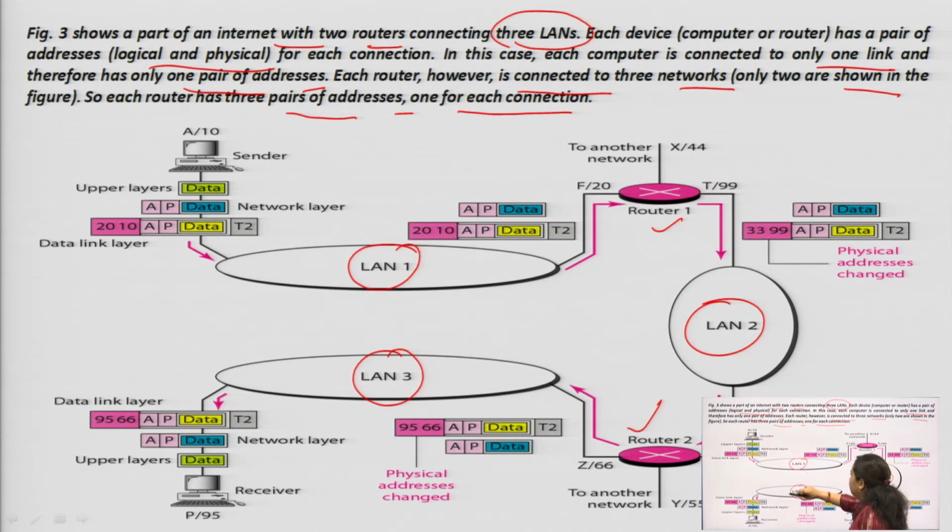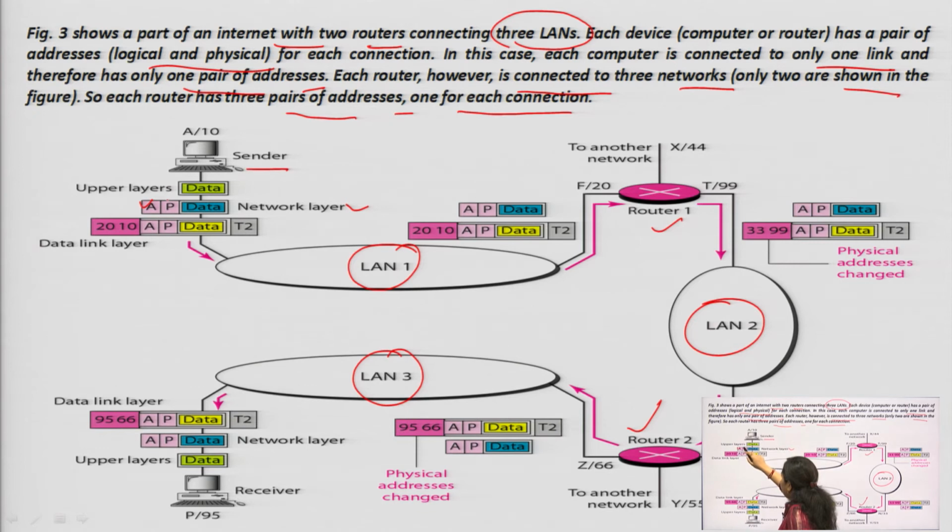So, this is the first LAN, and this is the sender. At the sender side, this is the raw data generated by the sender, which has to be transmitted. Then it has to be transmitted through the network layer.